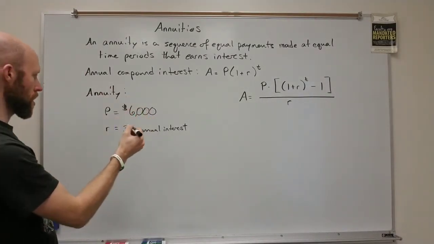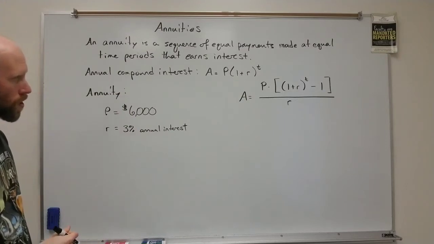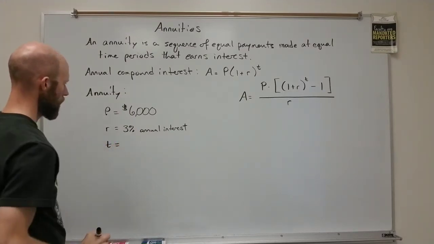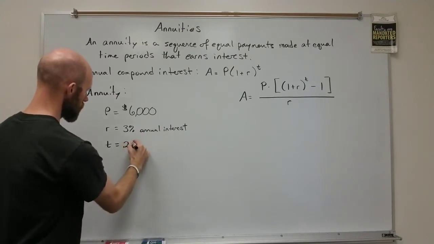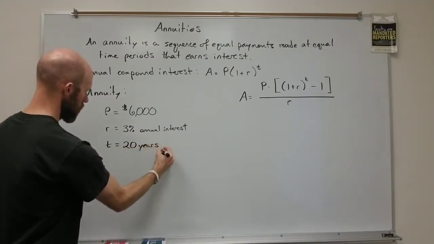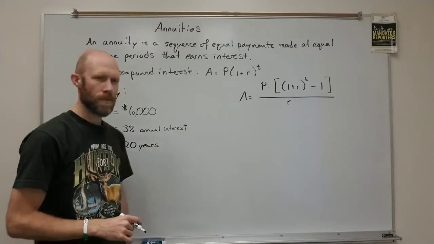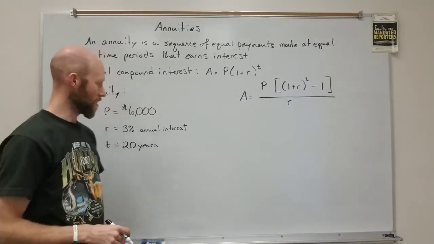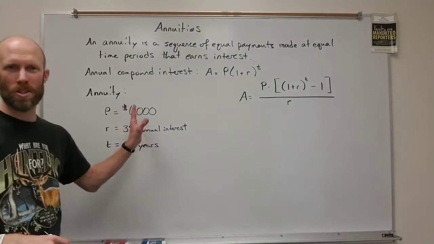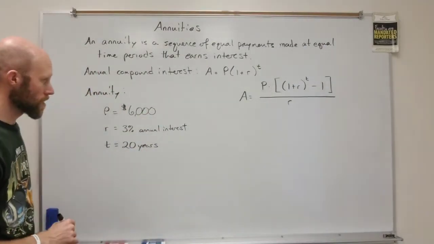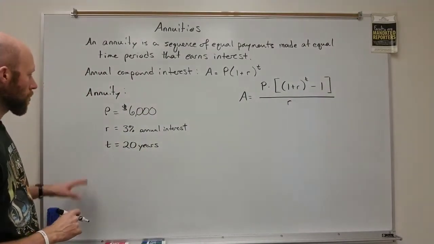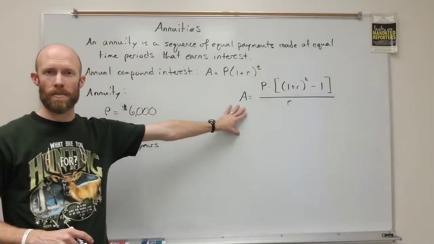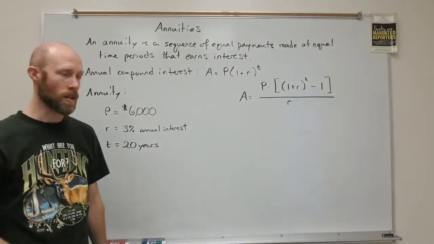And then let's say that you wanted to do this repeated pattern for a period of 20 years. Maybe you're 45 years old and you want to do this till you're 65. You could adjust all these values as needed. And so what I want to do is figure out the value of that investment, the annuity, at the end of the 20 years.